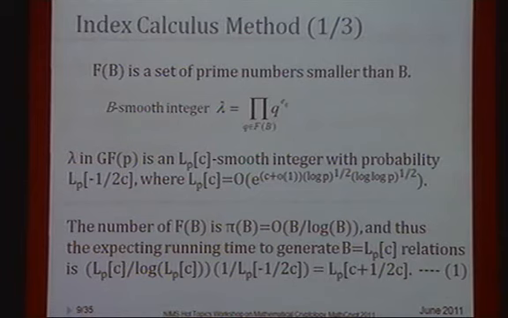As the prime number theorem, conjectured by Gauss and proven by other mathematicians, the number of primes in the factor base, written pi(B), has size B over log B. It means that if we randomly choose an integer smaller than B, the probability that it is prime is just 1 over log B. It's a very high probability.